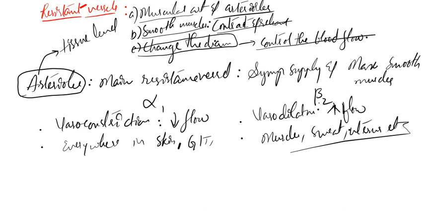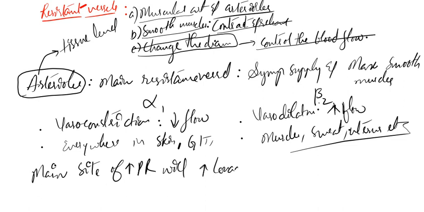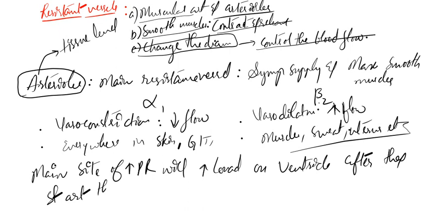But the main site of peripheral resistance, remember I write here, the main site of increased peripheral resistance will increase the load on the ventricles after they start the contraction. Now this condition is called afterload.